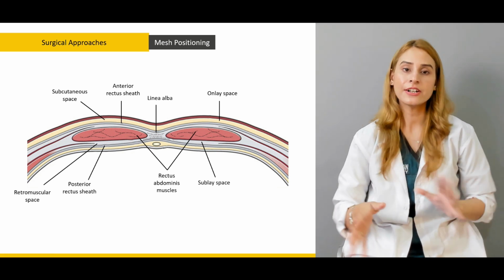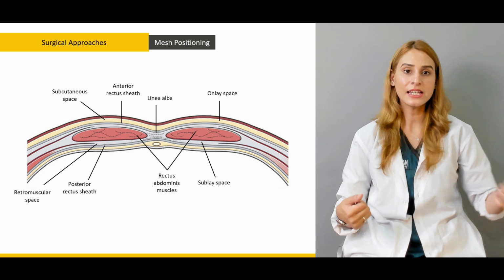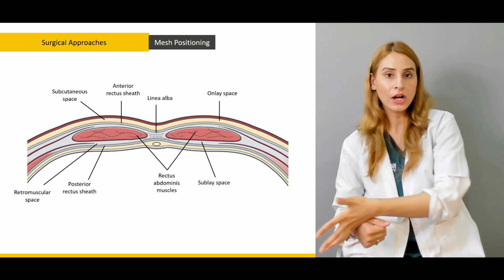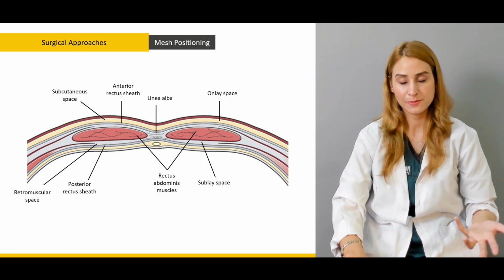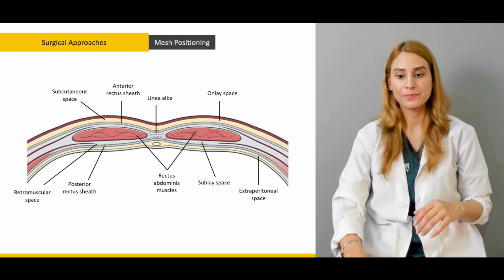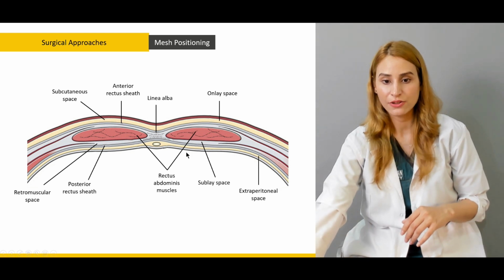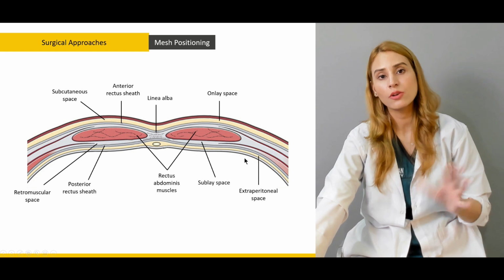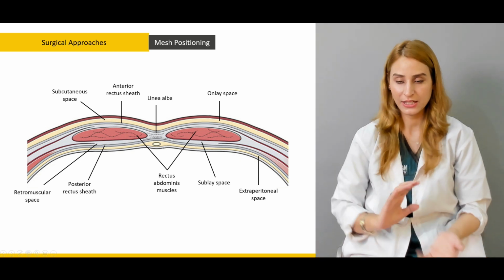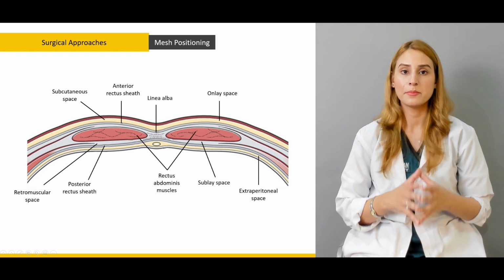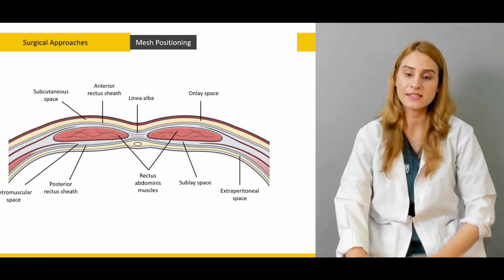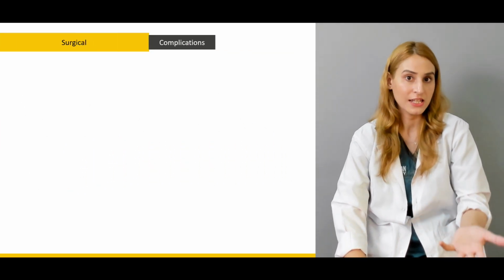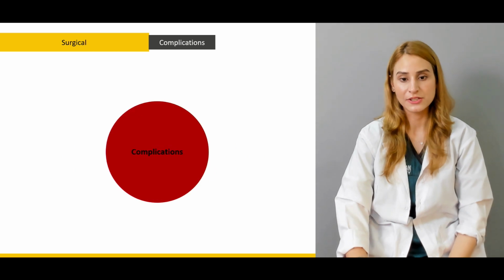So these are the places where you can place the mesh: onlay, inlay, sublay, or the preperitoneal space. This is the extraperitoneal space. Extraperitoneal and preperitoneal are the same thing. You can place the mesh in all these. It depends upon how much tensile strength is available to you.